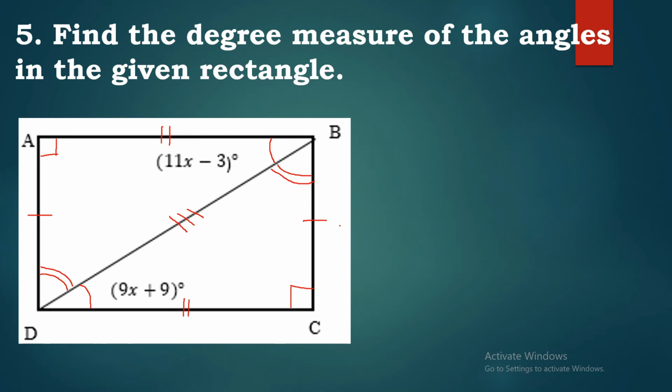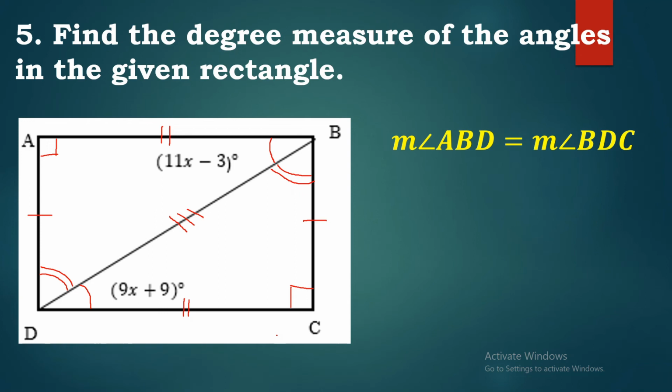So we have this one. Take note that the only angles with given measurement are these two congruent angles. That means we can equate now the measure of angle ABD and the measure of angle BDC.